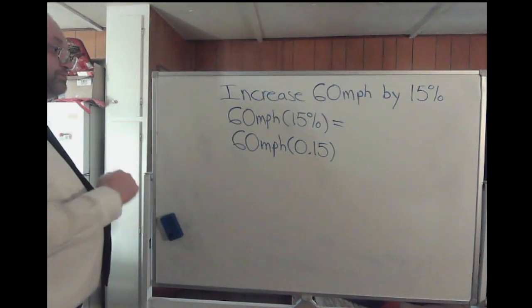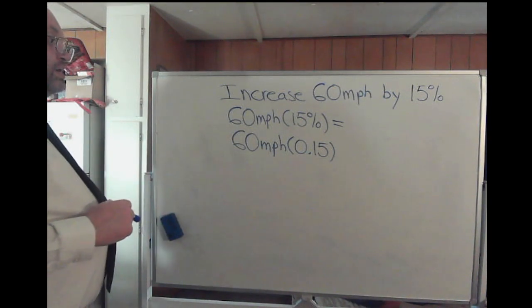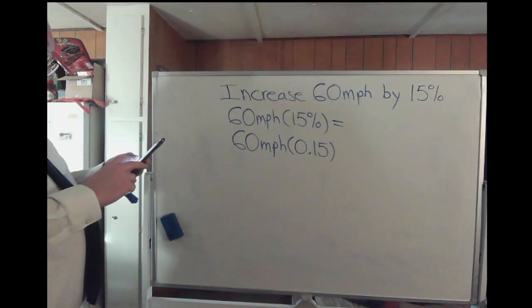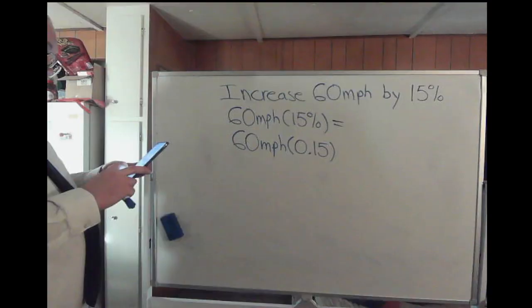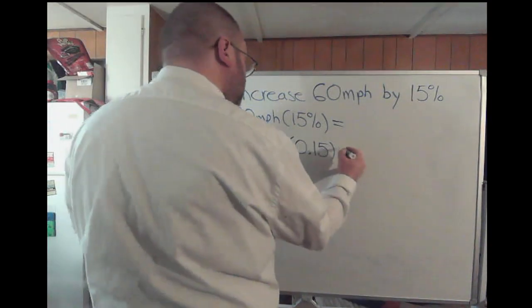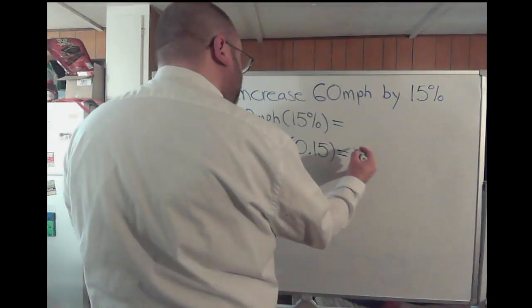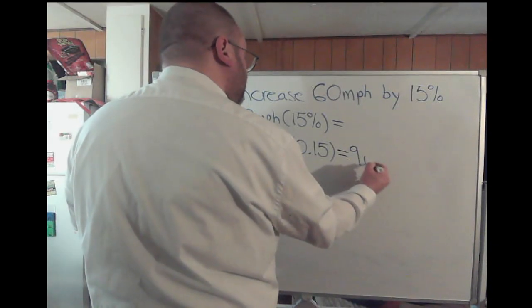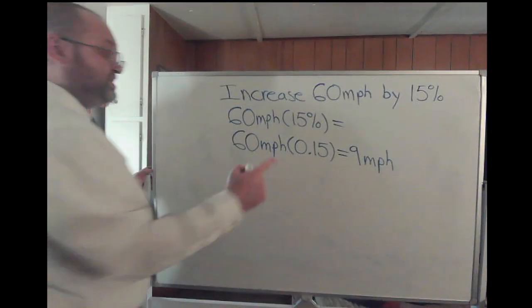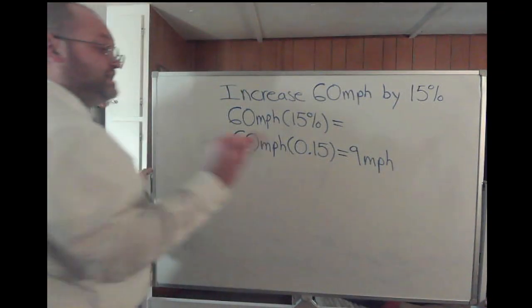Well, we need to figure out what 60 times 0.15 is. 60 times 0.15, that'd be 9. That would be 9 miles per hour. So that's 15% of 60 is 9 miles per hour.